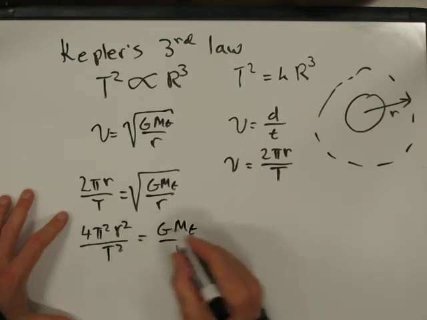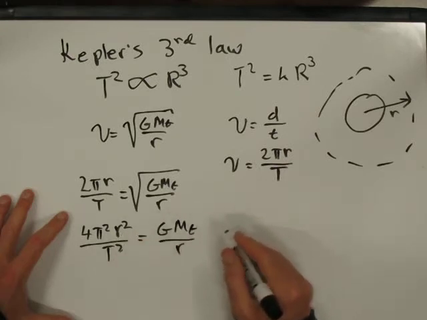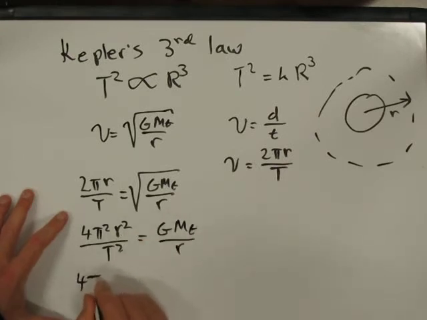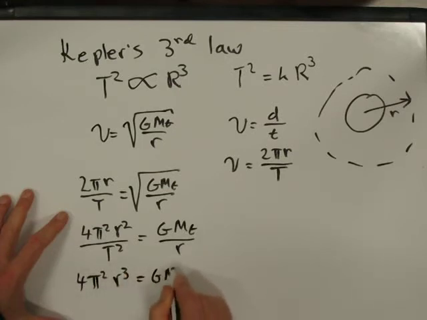And so then I can try to get this kind of equation out of this. I can square both sides to get rid of the square root, and so I get 4 pi squared r squared divided by the period squared is equal to G times the mass of the Earth divided by the radius, right, if I square both sides. And then I can put the r's on one side and the periods on the other, and this would become 4 pi squared r cubed is equal to G times the mass of the Earth times the period squared.